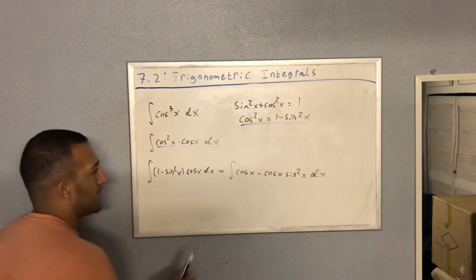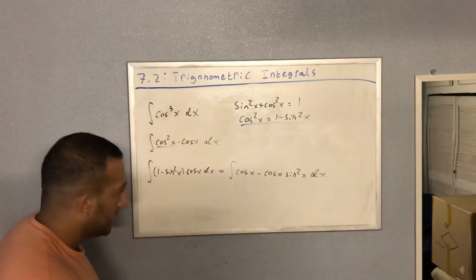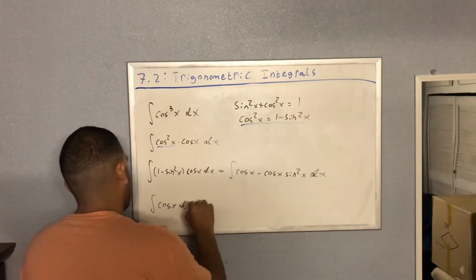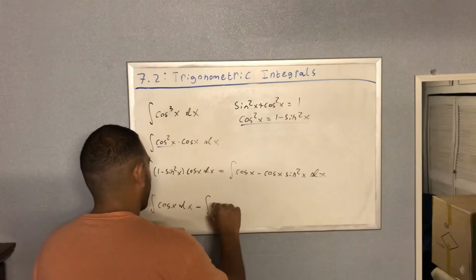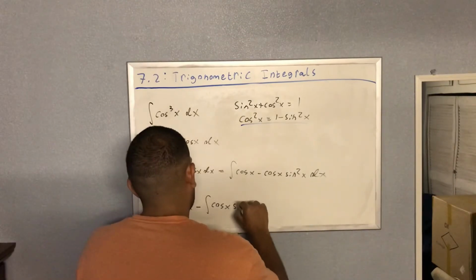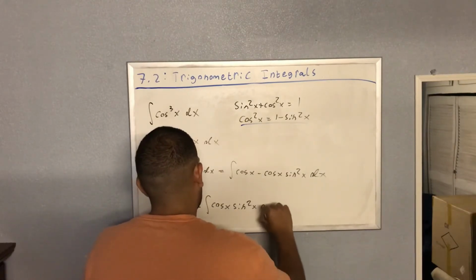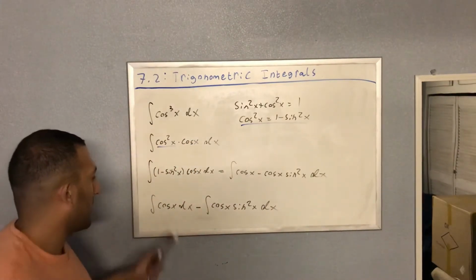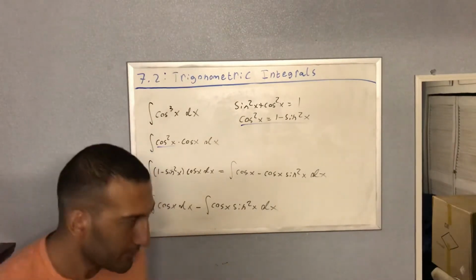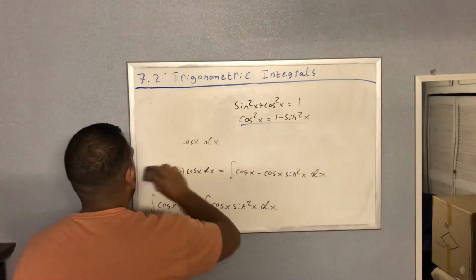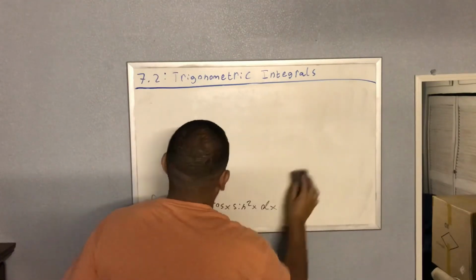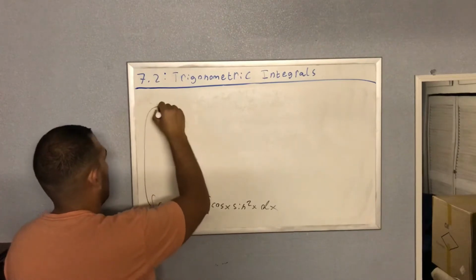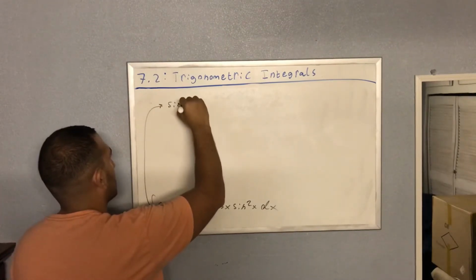And now we can split the integral up into two pieces. The first piece is cosine, and the second piece is this. Now this integral we know how to do. That integral is just sine. So this just gives us sine x.